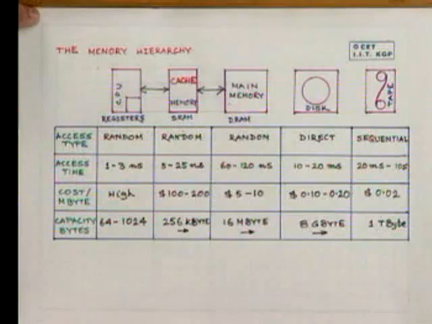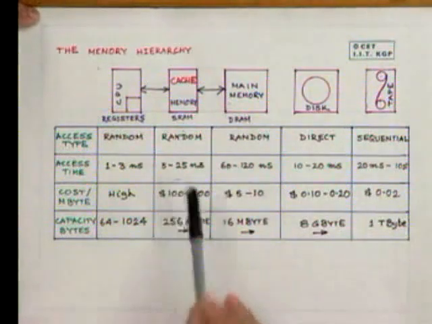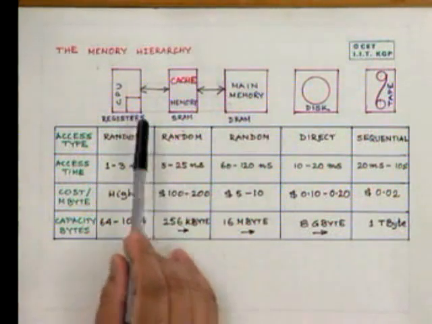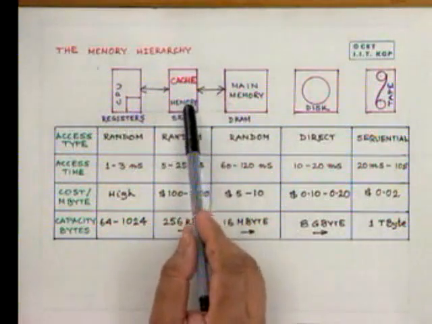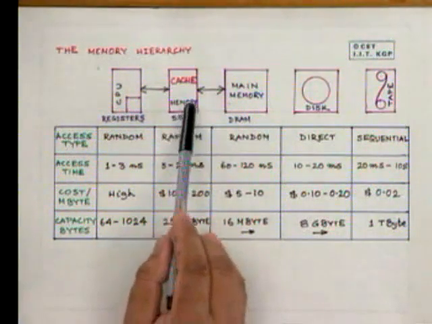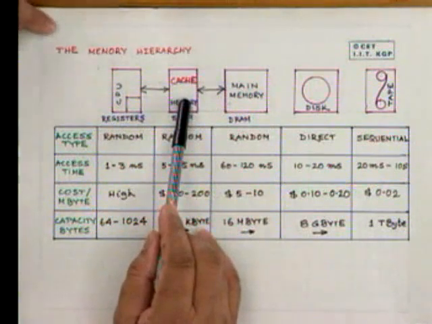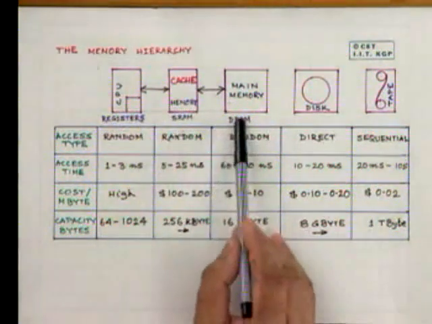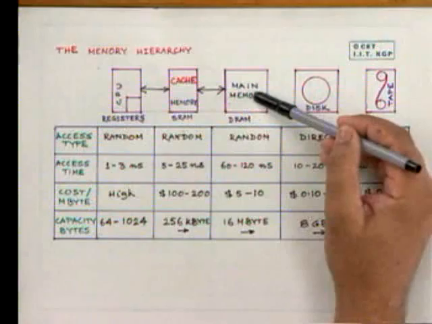Let's come back to our memory hierarchy. You see that our aim had been to get a memory which is close in speed to the cache and close in capacity to the main memory.